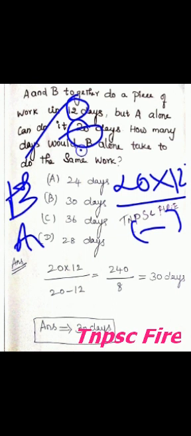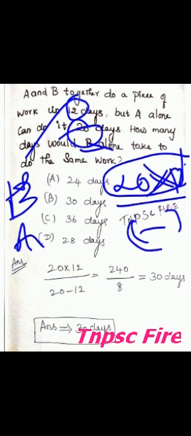Here they ask B alone, so in the numerator you multiply the two values, and in the denominator you subtract.